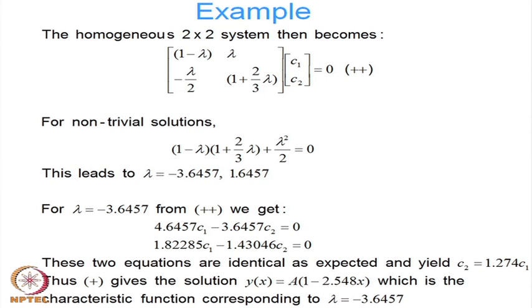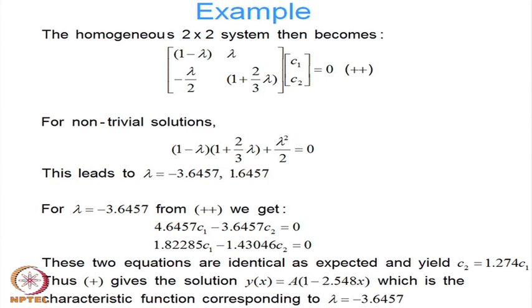So, I have to assume one constant value in order to evaluate both my C's. I have to assume one of them to be some arbitrary value. So, the eigenfunction is now known up to a single arbitrary constant, because my rank is 1.